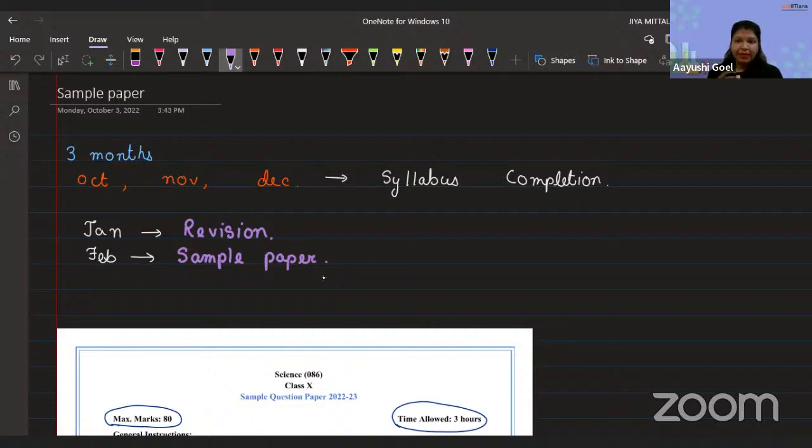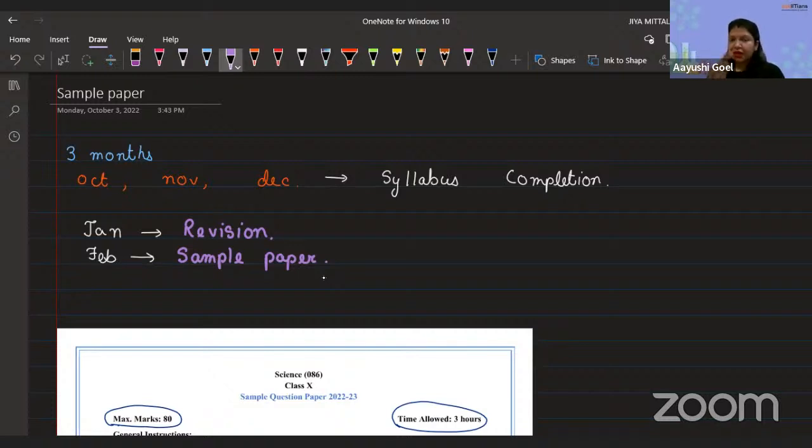But in the sample paper, all the reactions were given, in a very good way, showing how you should solve those questions. If you don't know anything about those reactions or their IUPAC names, you will not be able to solve those questions.